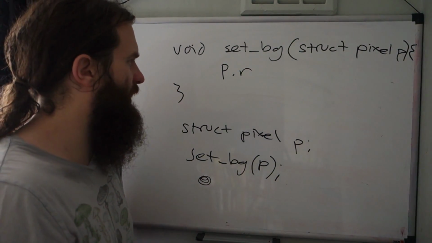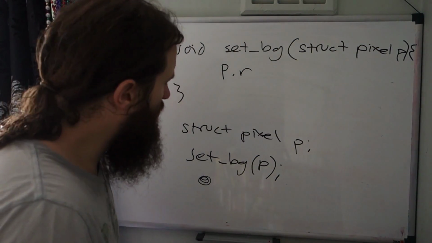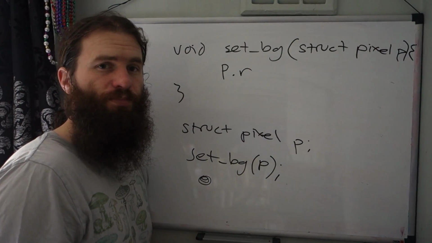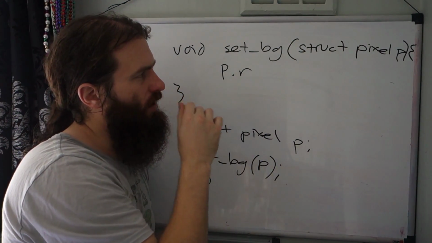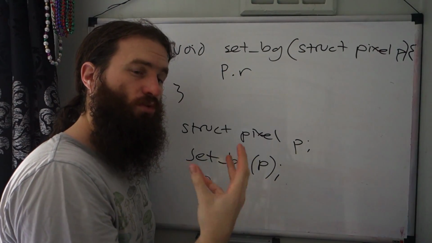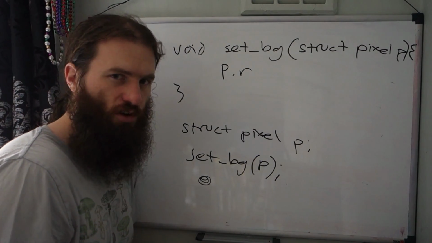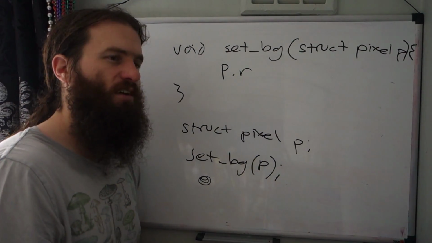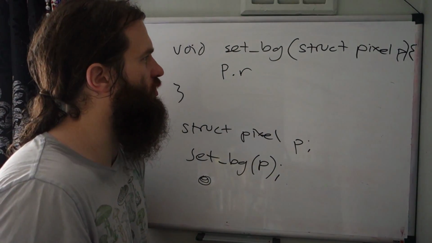Now, at this point, what I want to do is, I never use structures like this. I always typedef them. So you can typedef a structure and essentially create a new type name for it.